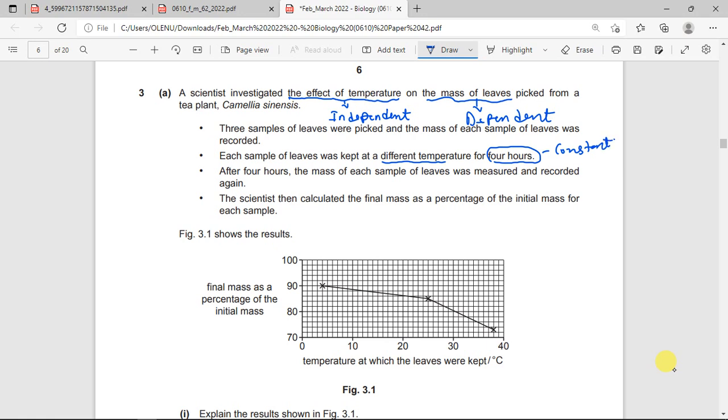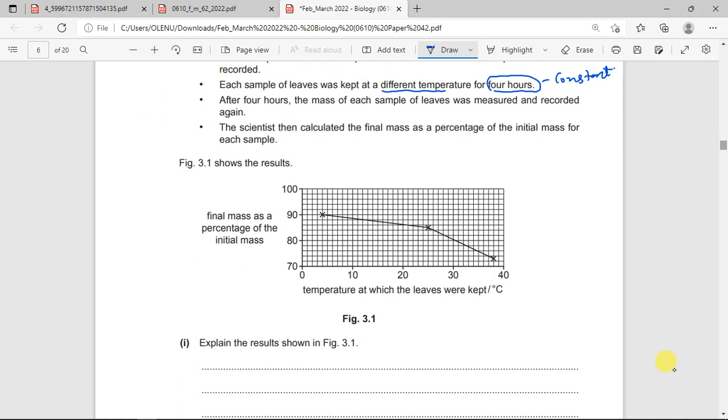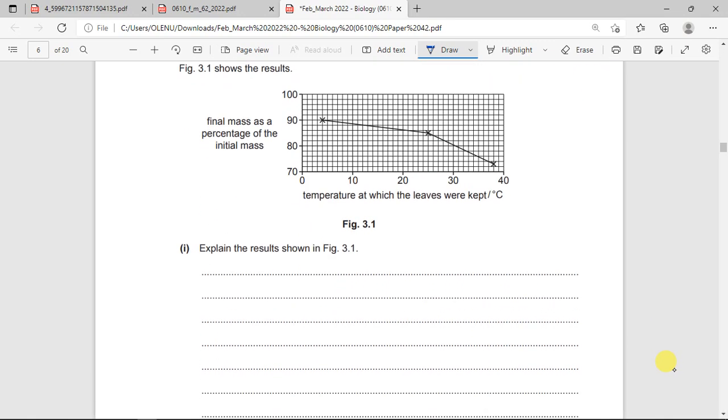After 4 hours, the mass of each sample was measured and recorded again. The scientists then calculated the final mass as a percentage of the initial mass for each sample. Then this shows the result of the 4 different temperatures and final mass. They say we should explain the result.